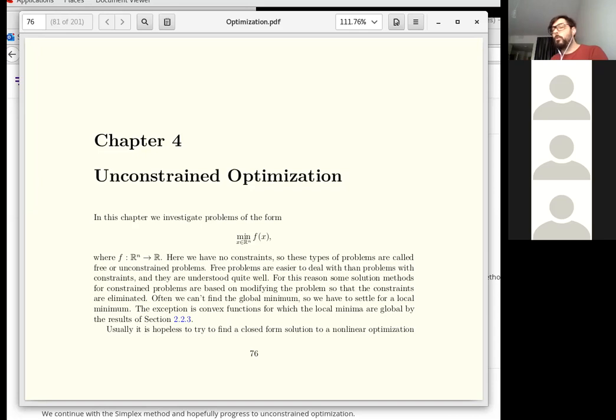That's what it means to be a local minimum. And this happens when we have a function that, I'll draw an example, behaves like this.